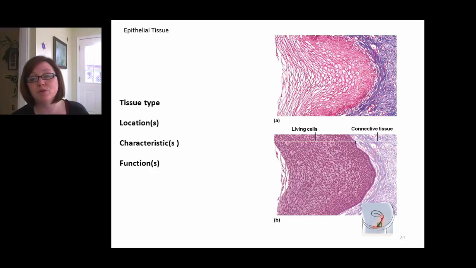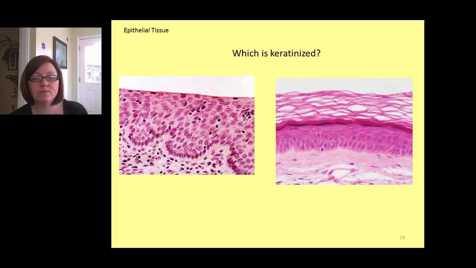But the cells here don't produce the protein keratin, but it's still highly protective. So take a look at these two photomicrographs and see if you can tell which is the keratinized and which is the non-keratinized stratified squamous epithelial tissue.